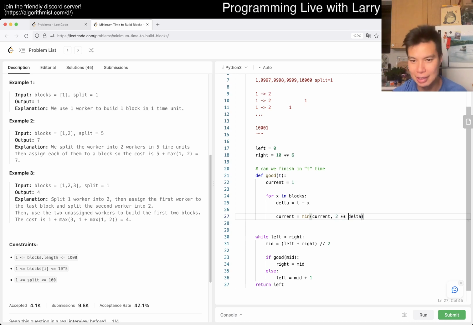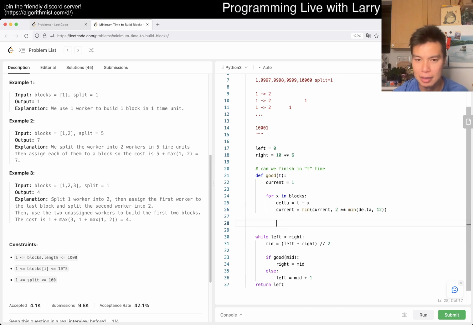But this can definitely be maxed out. Let's just say there's at most 1,000 blocks, so you at most want to split 10 times because then you just get through all the blocks anyway. So we can do maybe a min of delta, and I'll just say it's conservatively 12, right?